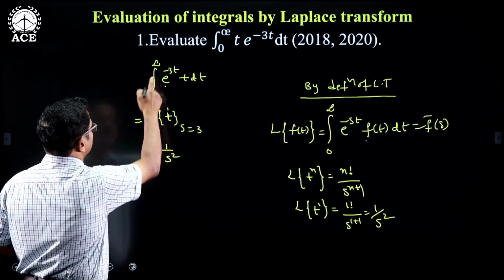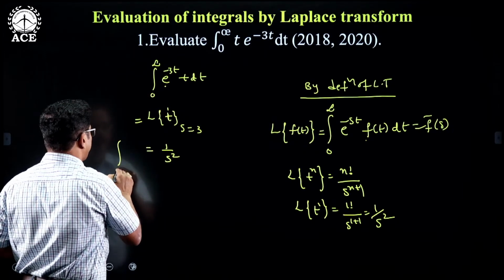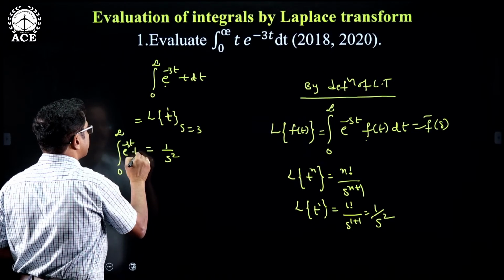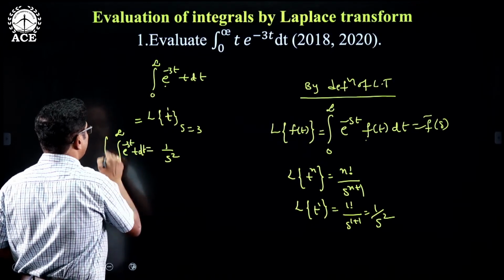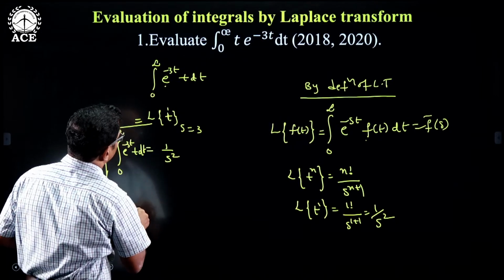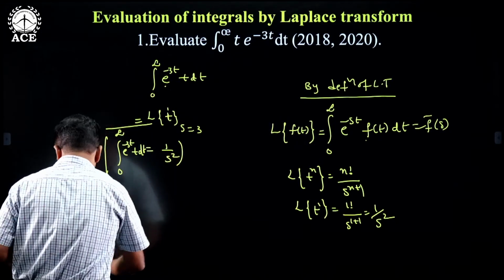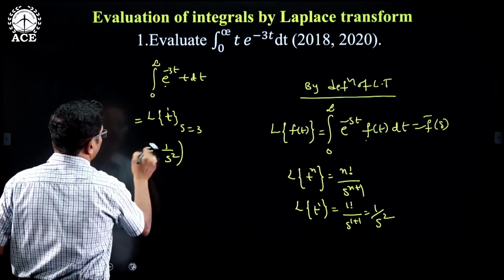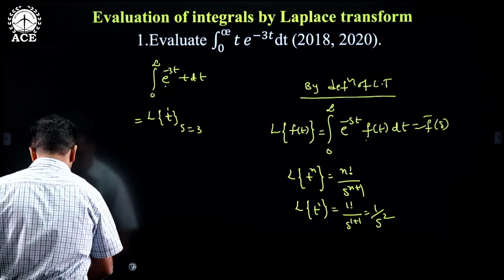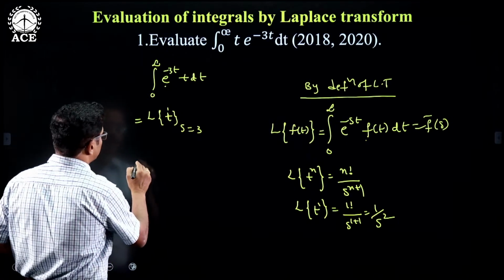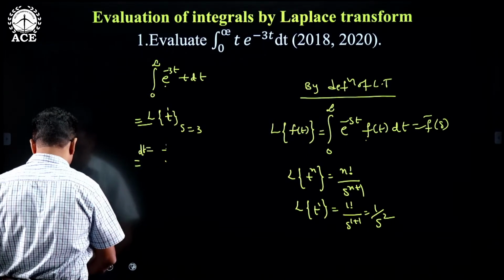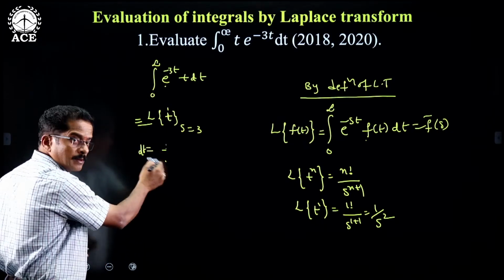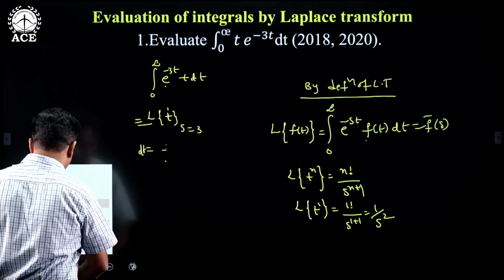So then, therefore integration of 0 to infinite e power minus 3t dt is equals to what? 1 by s square.